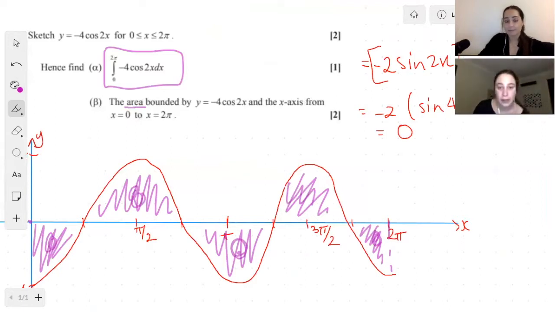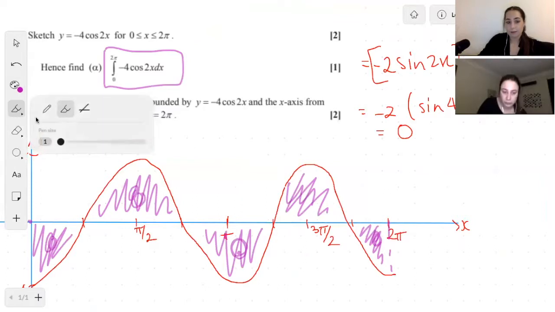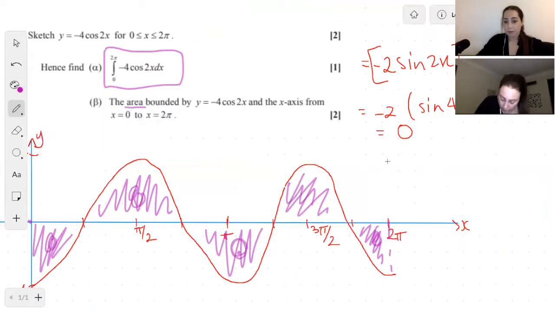So, alpha and beta. Now we're doing the same thing, but we have to split it. That's A1, I'll say. What you're going to do is split from 0 to pi on 4, and then from pi on 4 to 3 pi on 4, and so forth until you get to 2 pi.